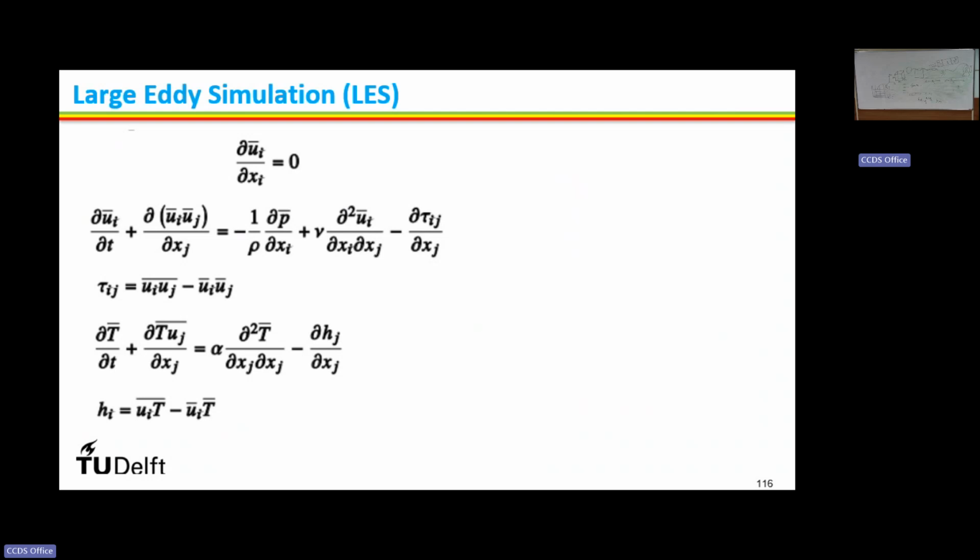You can take the product of two velocity components, u1 and u2, and then take the time average of that product. Then you take the average of the individual components. If you subtract the product of the two individual averages from the average of the product, this will give you this tau ij.